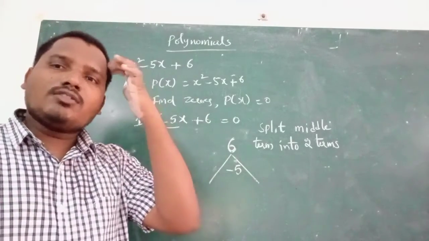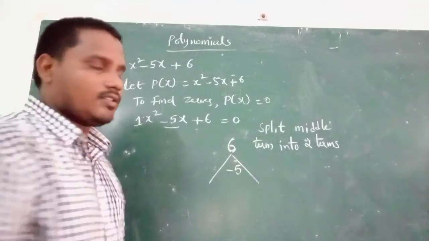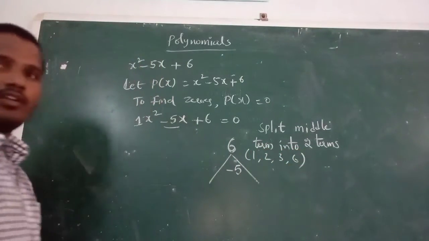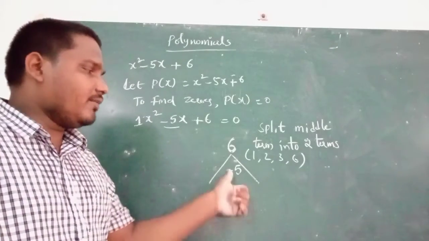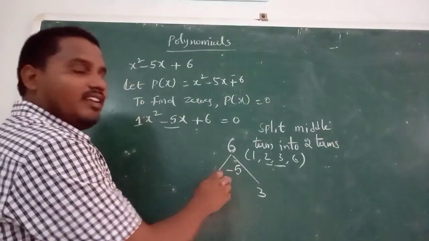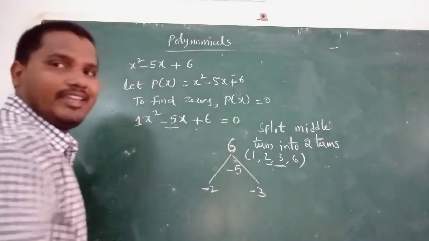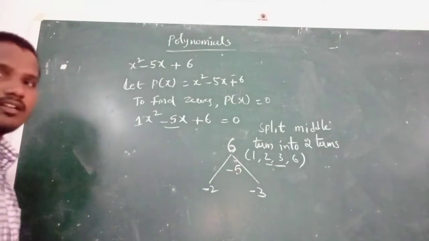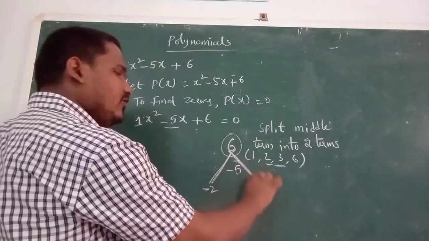Then what are those numbers? Write the factors of 6: 1, 2, 3, 6. For what values do we get minus 5? 2 and 3. Here minus is there, so you get minus. Minus 2 into minus 3 will give 6, and minus 2 minus 3 added means minus 5. So the middle term can be split into two terms.